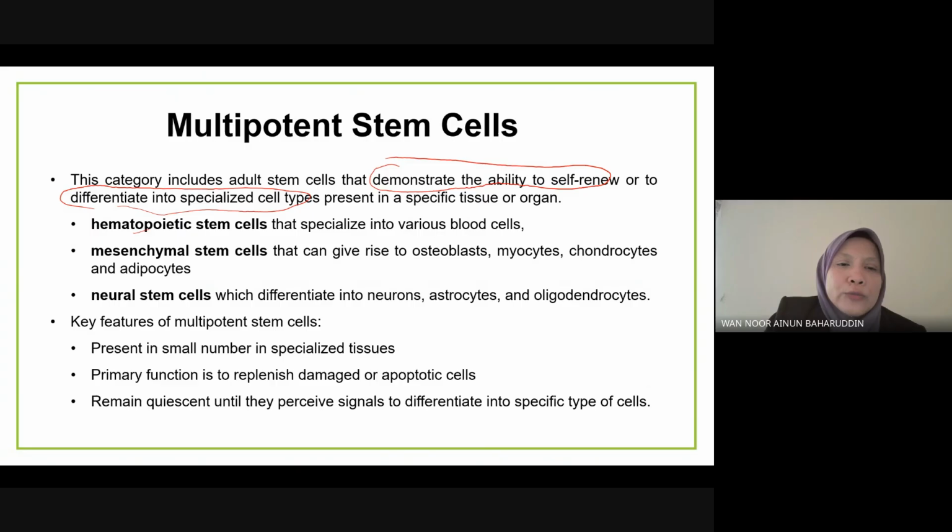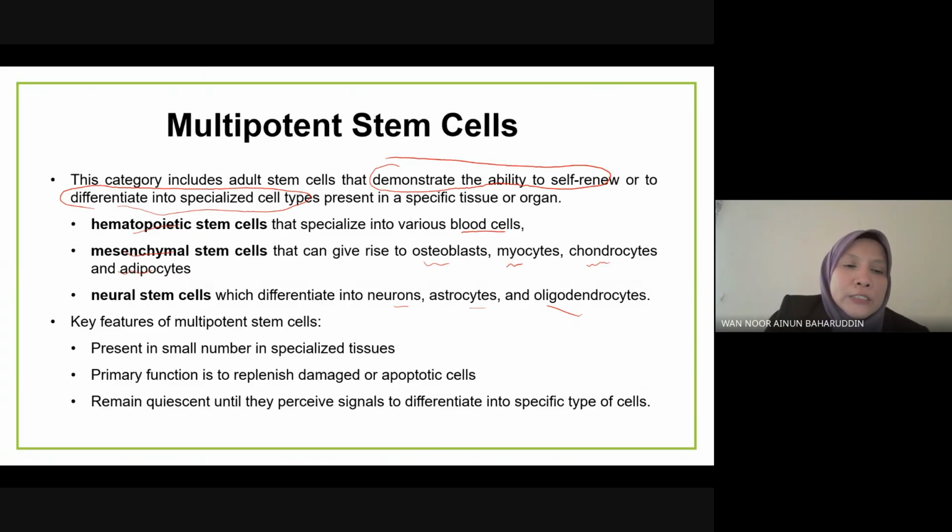For example, hematopoietic only into blood cells, mesenchyma into the one that are related to the osteoblasts, myocytes, chondrocytes, and adipocytes. For neural stem cell can be differentiated into neurons, astrocytes, and oligodendrocytes.